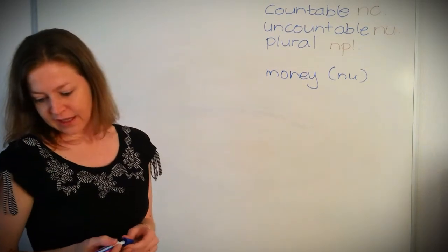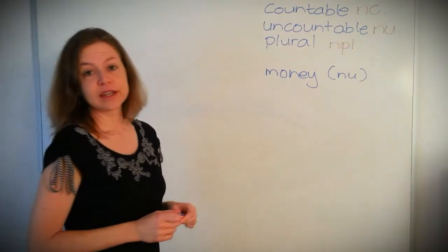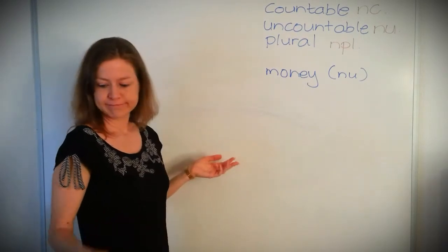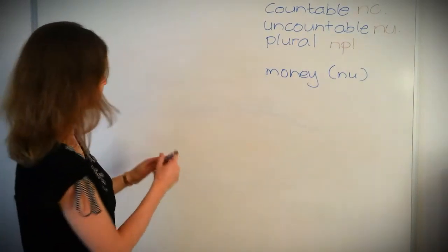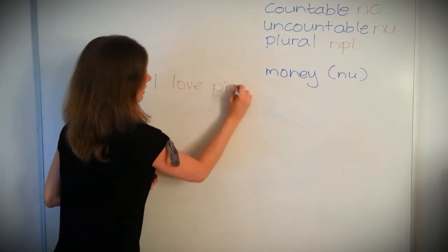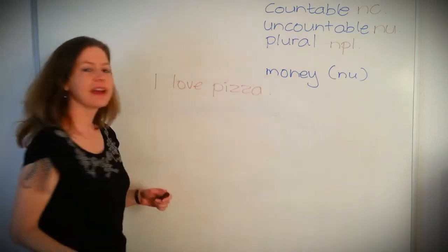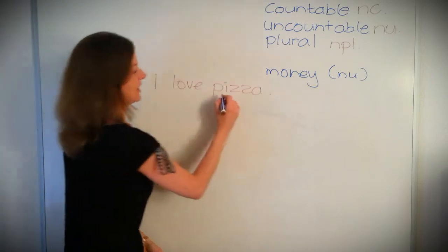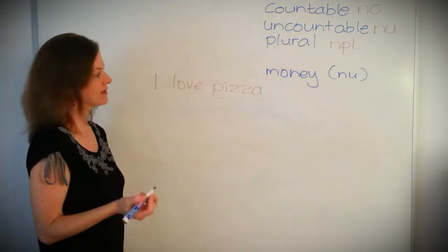Alright. Now, the other thing to know is that a noun may be countable in one context and uncountable in another. Here's an example. I can say, I love pizza. Here I'm talking about pizza as a food type, as a substance.